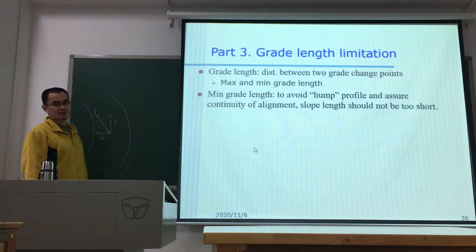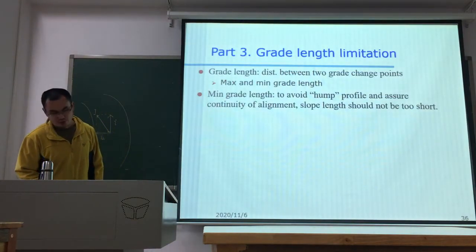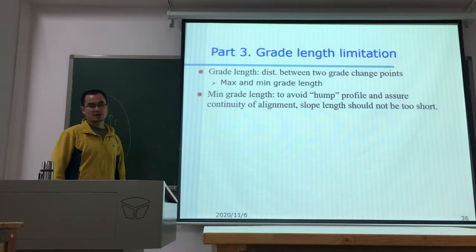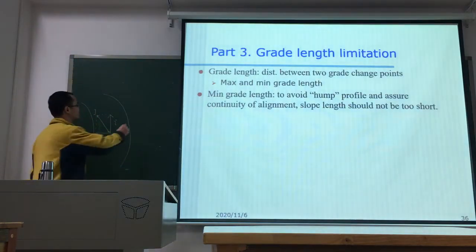Part 3. Grid length limitation. Grid length is the distance between two grid change points. What's grid change points?